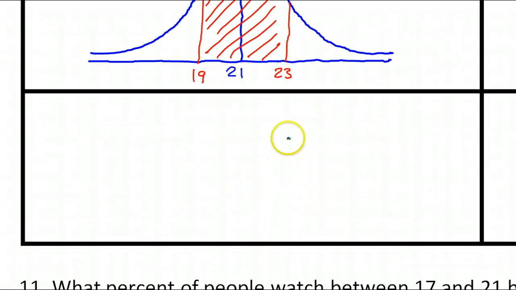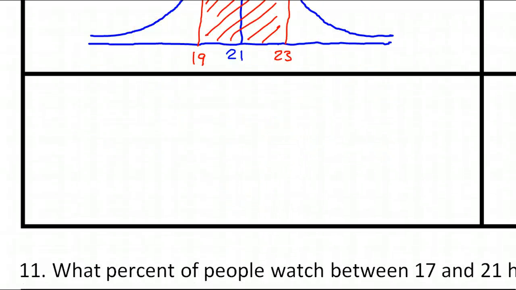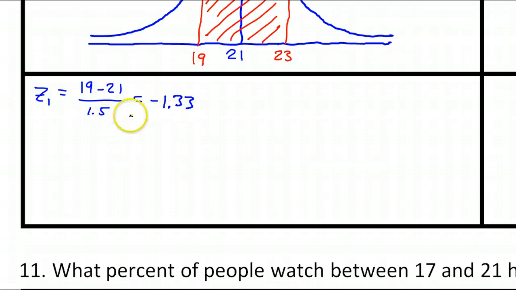Okay, so we are going to have to do our z-score calculation twice. So our first z value corresponds to the 19. So I will do 19 minus 21 divided by 1.5. Alright, and that is going to give me negative 1.33 for z-score number 1. Alright, for z-score number 2, it's going to come from the 23.